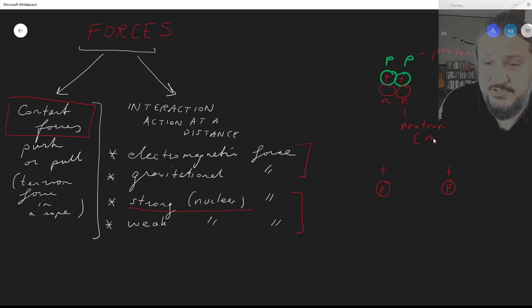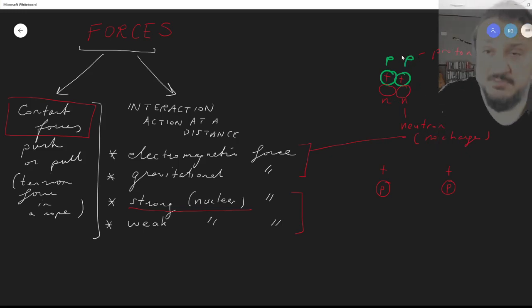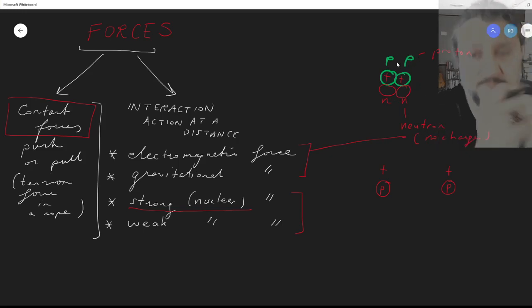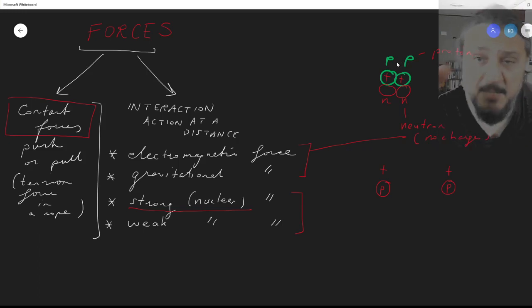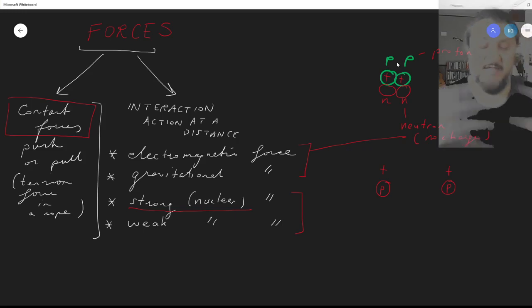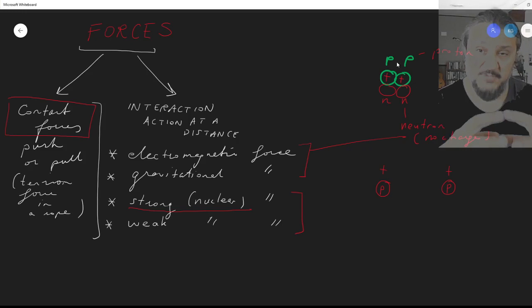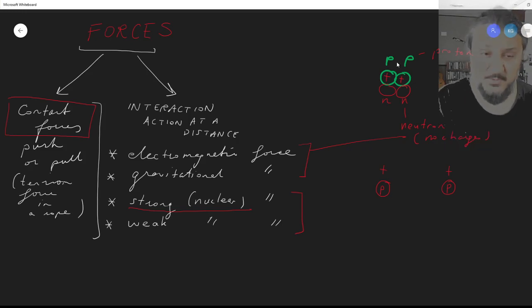Neutron has no charge, no electromagnetic force, okay? So electromagnetically neutral, those are the neutrons, but protons are pushing each other away, but all four particles in the nucleus are kept together in close proximity by this force, which we call strong nuclear force.